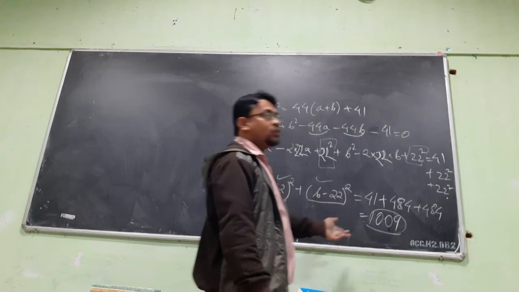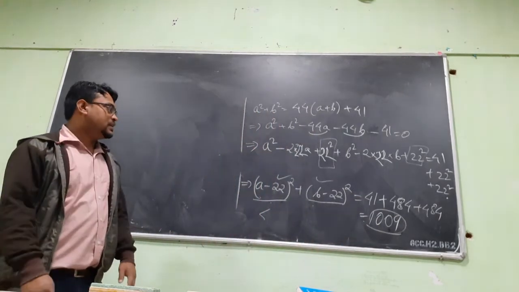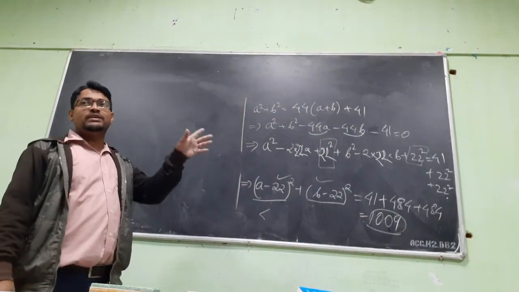Half of that is 504.5, so at least one of them should be greater than 500 something.